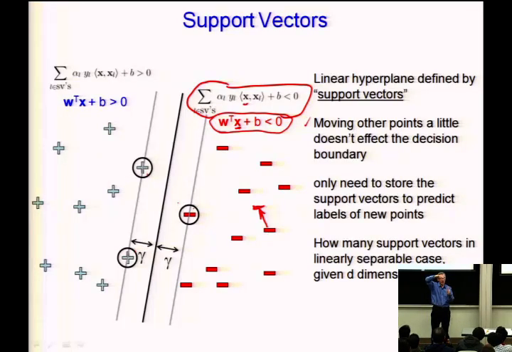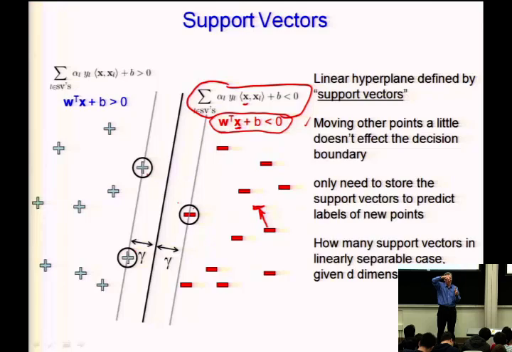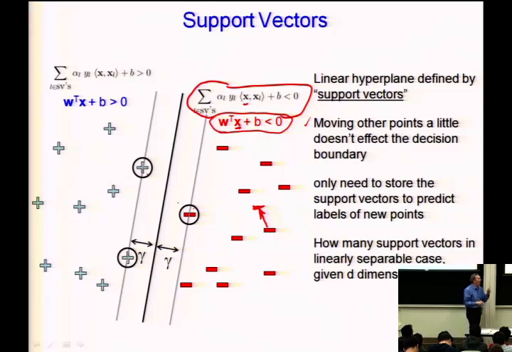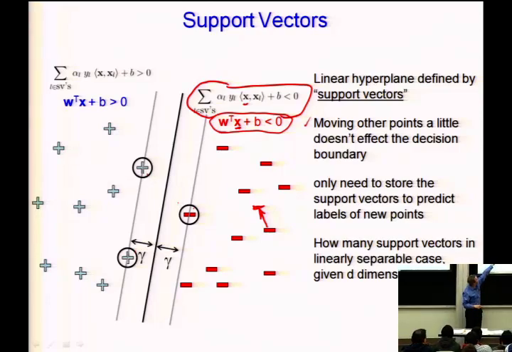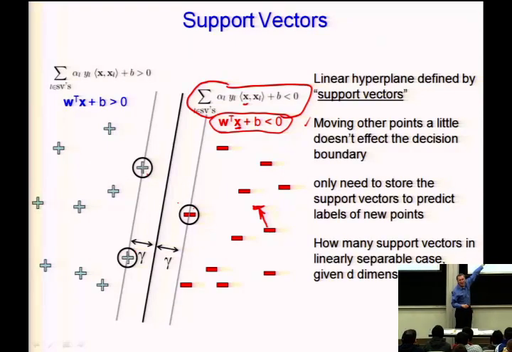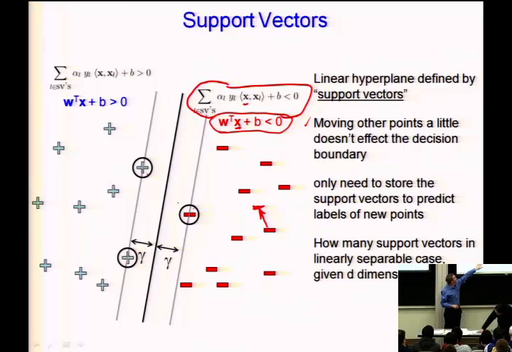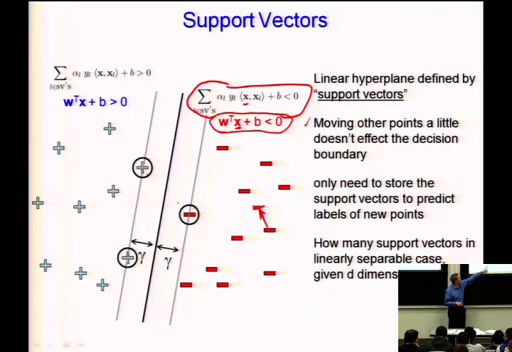If these are the support vectors, there's only one plane you can get that will be the same distance from all 4 of these points. So the support vectors are the points that lie right at the gamma value. Well, actually, in our case, gamma away from the decision surface, or they have the value 1, given that we defined our objective function so that this equals wx plus b equals 1.